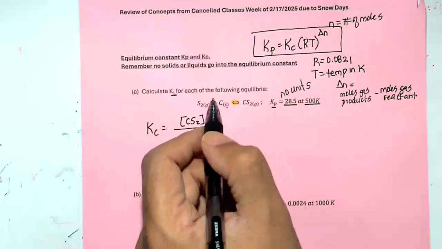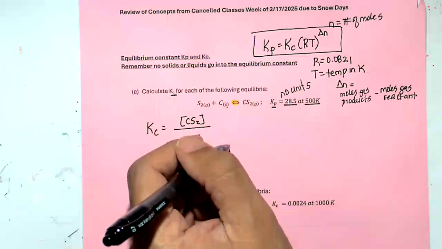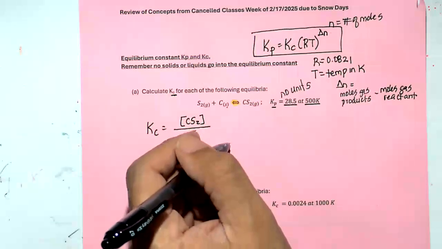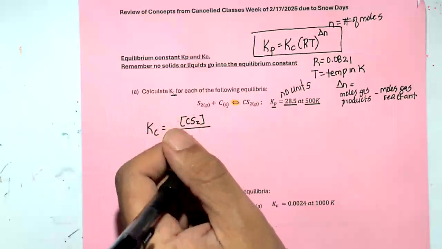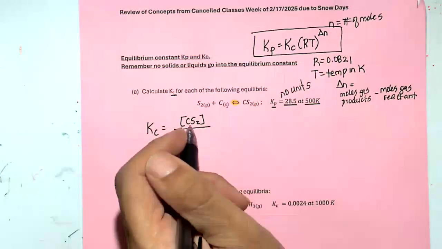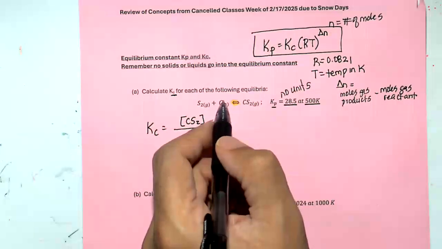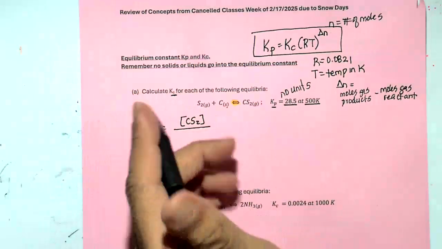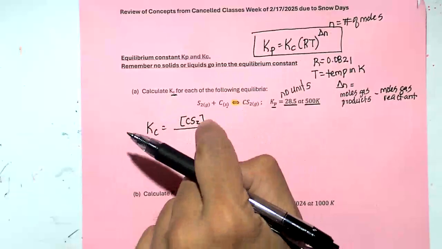No. Why no carbon here? It's a solid. Please don't put any solids or liquids in this. Every year some student's going to put a solid in there. If you see a solid or a liquid as a state, you can ignore it. Don't put it. Solids are a density. They don't have a concentration.